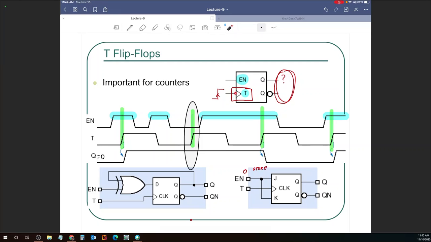So we are just referring to this input as T, because if T is 0, don't do anything. If T is 1, don't do anything. But when T goes from 0 to 1, that's when you change. So it just periodically switches Q. Yes, depending on what EN is. Only when EN is 1, it will flip.